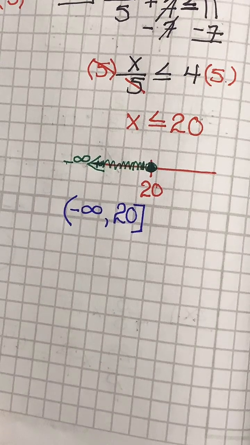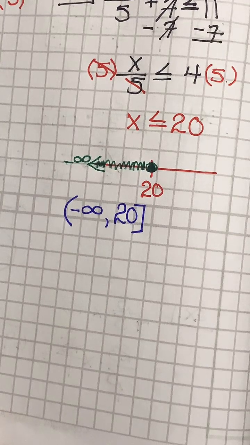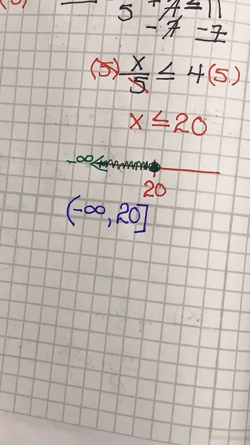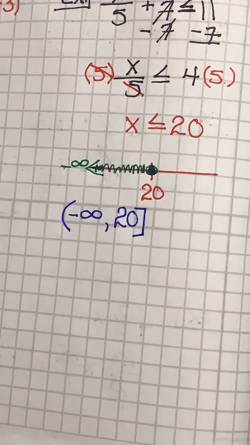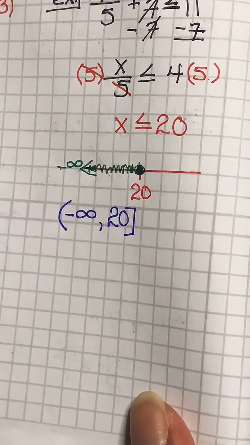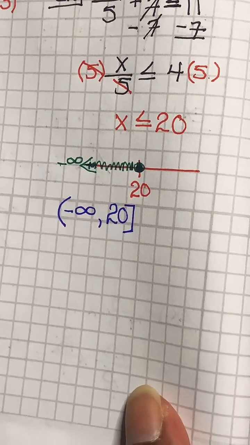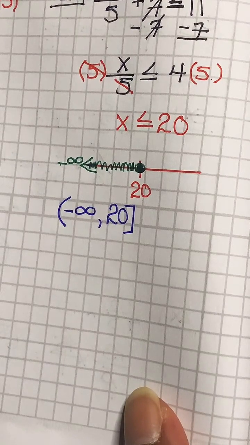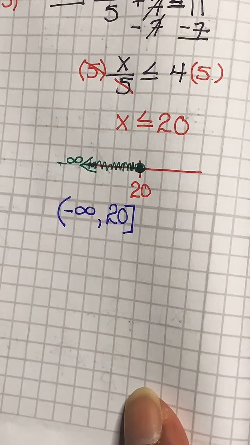All right. Okay. I think you guys did awesome. All right, so keep in mind, regardless if it's a one-step or a two-step inequality, when you're adding and subtracting, you're not doing anything different with the inequality sign.